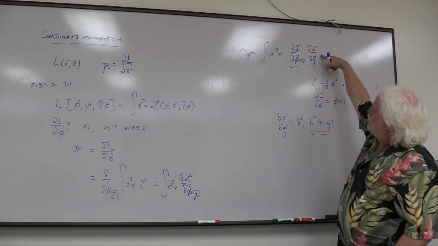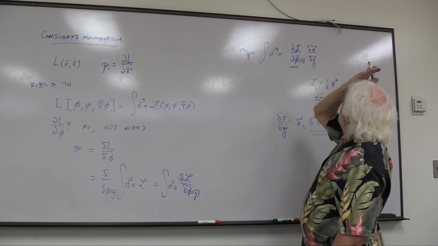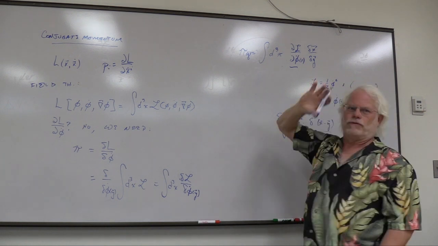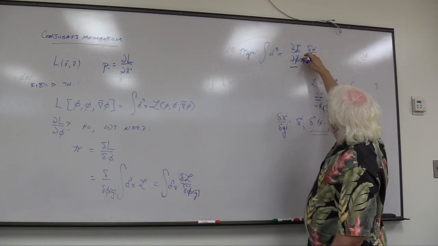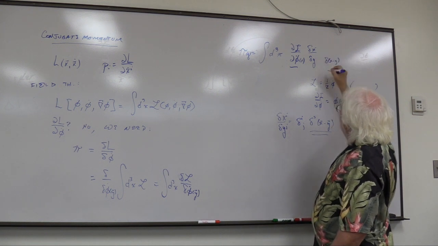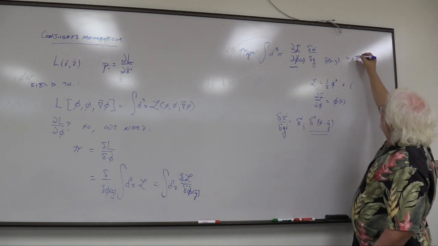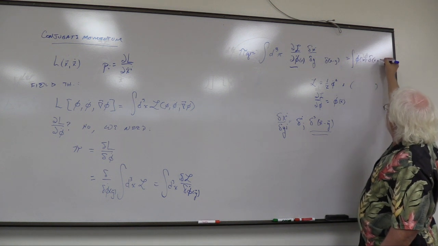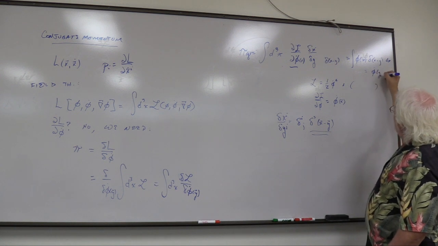What happens here is I get a delta function here. If I have, let's see. I'll give you a correction on that. Let's just do one variable here. This gives me a delta in x minus y, which I can then integrate to get, in this case, the integral of phi dot of x times the delta x minus y dx, which is going to give me phi dot of y.